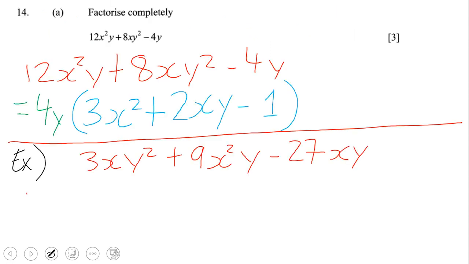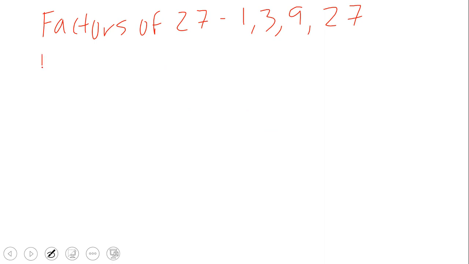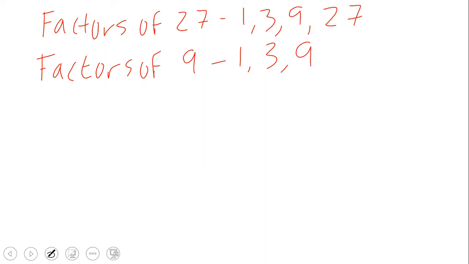Then we need to figure out the factors of 9. Right? What are the factors of 9? 1, 3, and 9. And the factors of 3: 1 and 3.